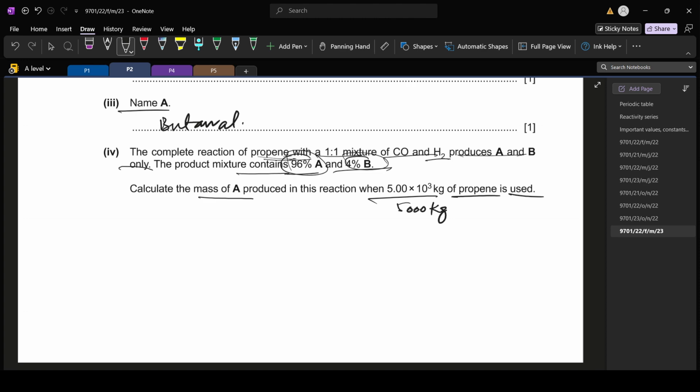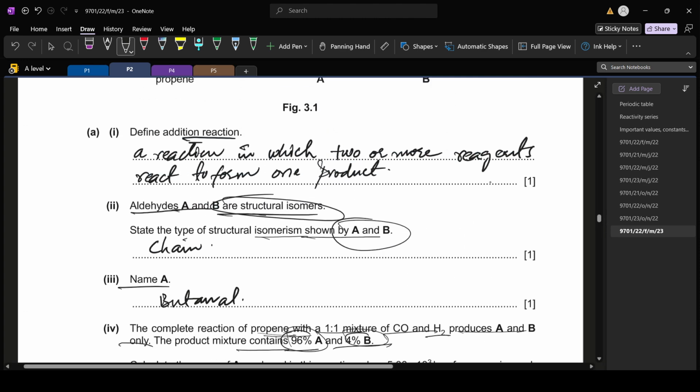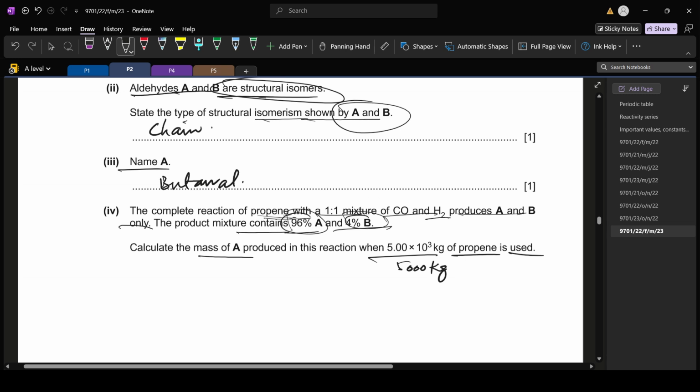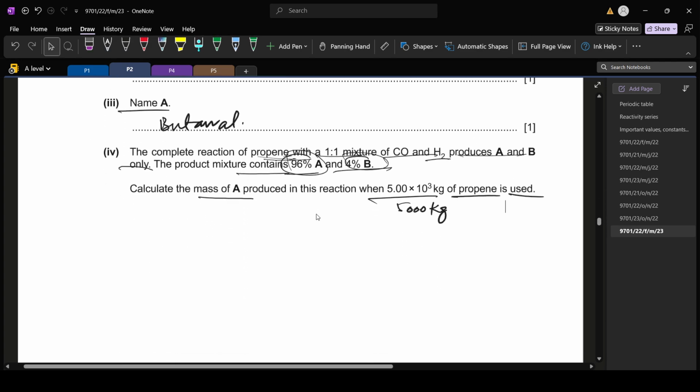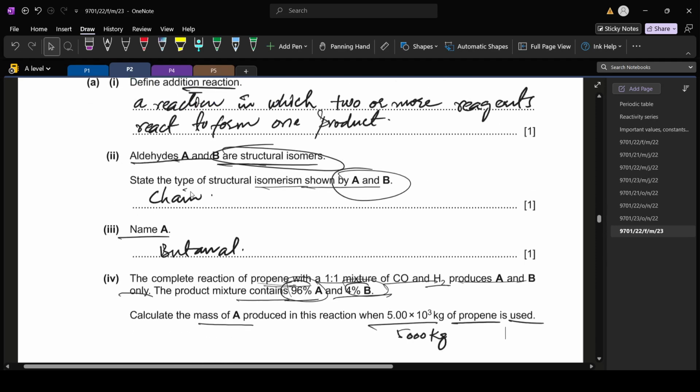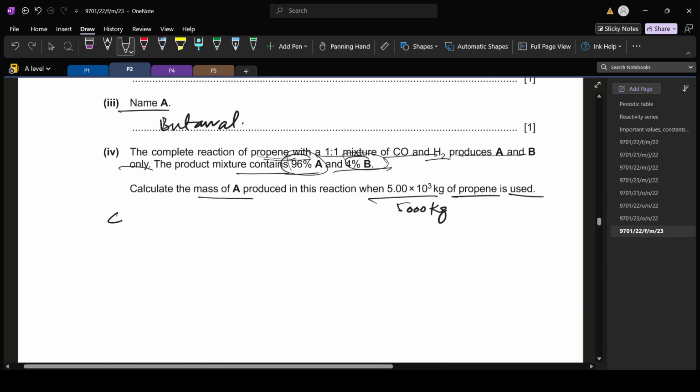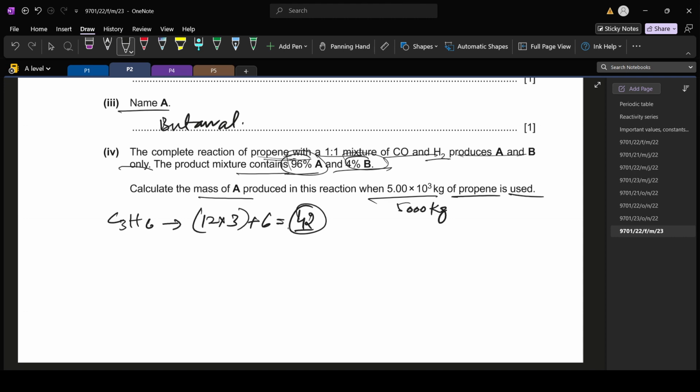Okay, so the A is produced in 96 percent. Okay, so firstly let's find the Mr of propene. So propene is actually C3H6, so it will have 12 × 3 plus 6, so 42. It will have a mass of 42.